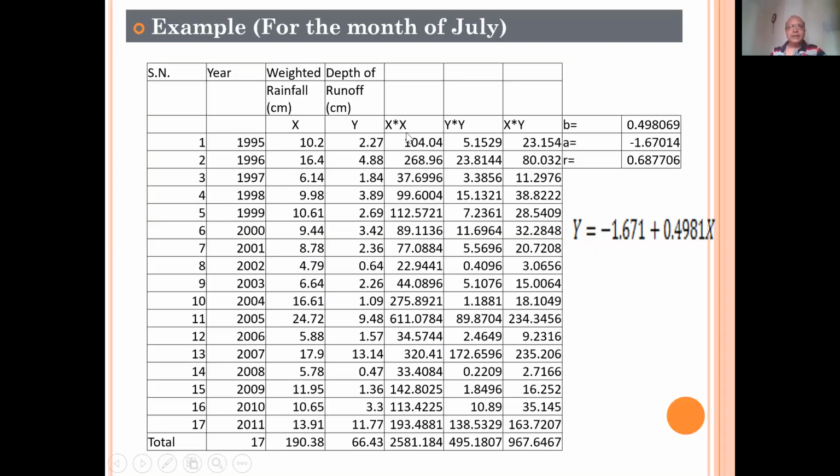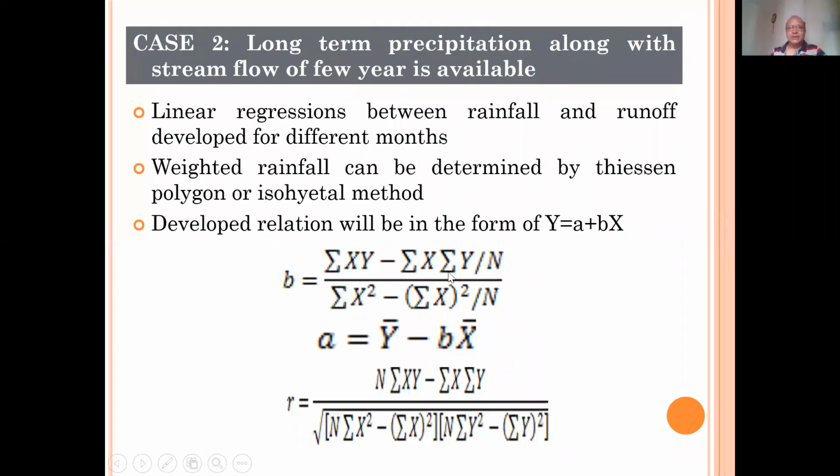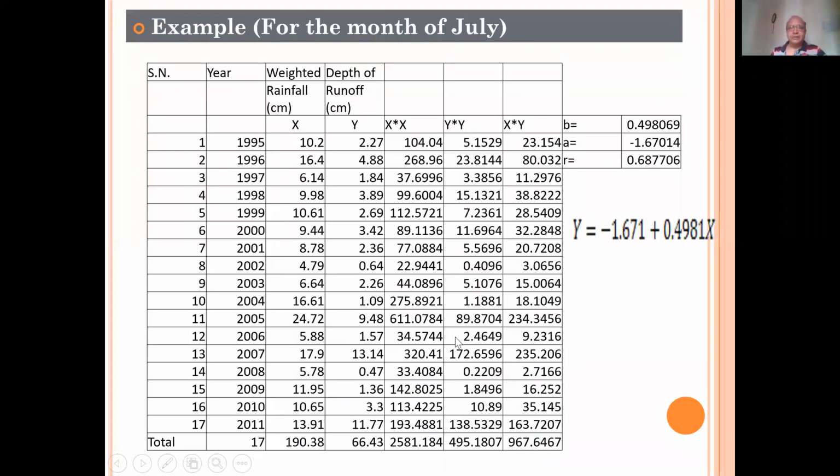Then we determine x square, y square, xy. So the earlier equation requires sigma xy, sigma x, sigma y, sigma x square, and sigma x of whole square. So we determine here sigma x square, sigma y square, sigma xy, and we determine the equation in this form: y is equal to a plus bx.